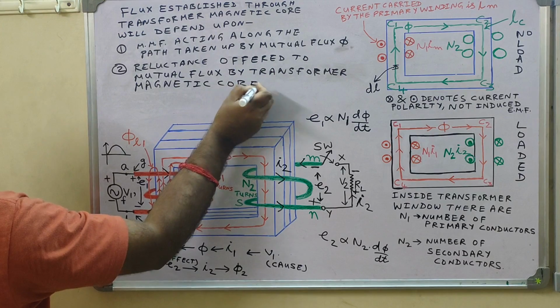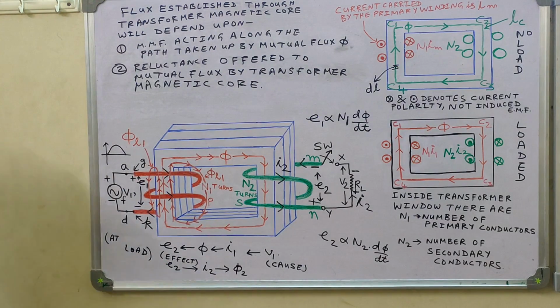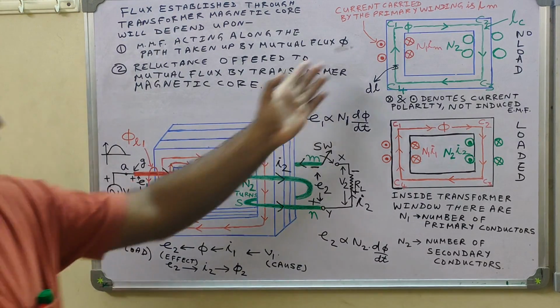So these are the two factors which will determine how much flux is established through the transformer magnetic core.